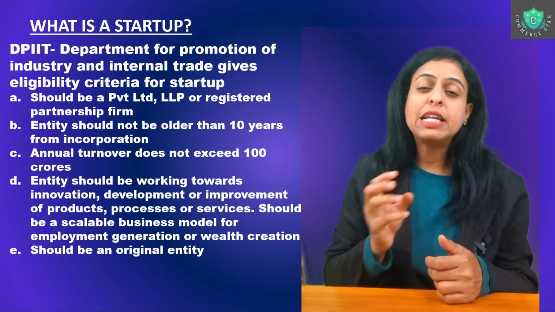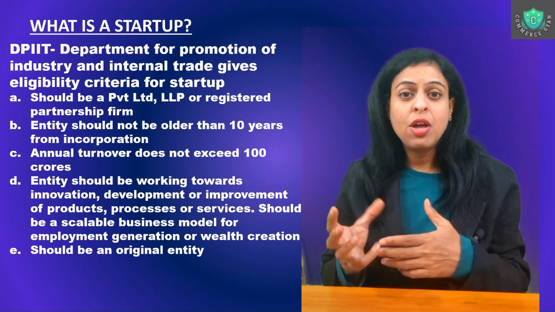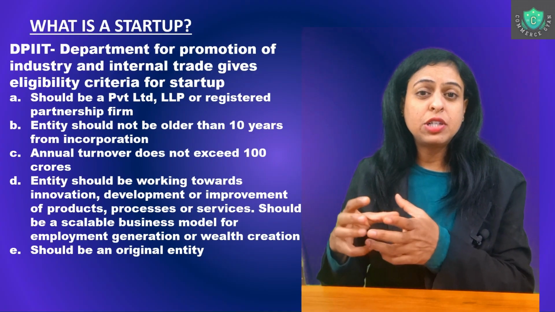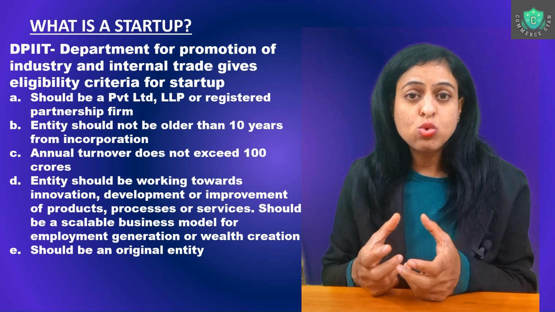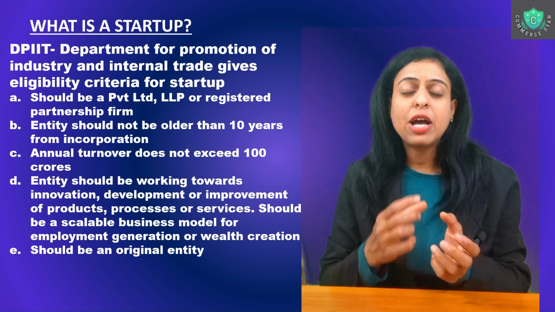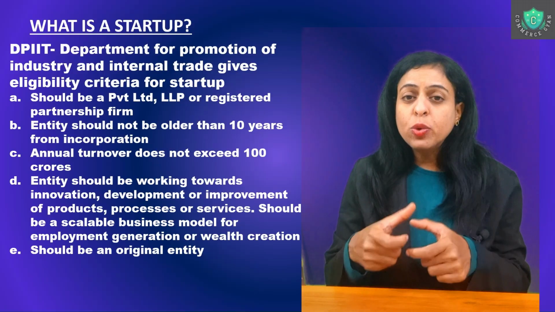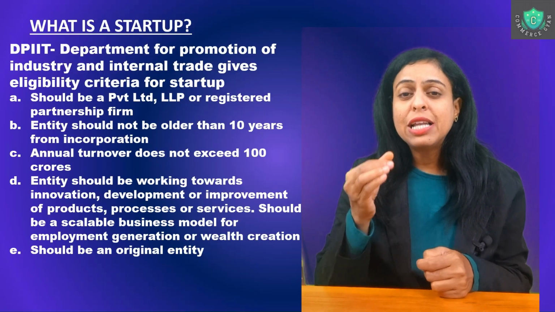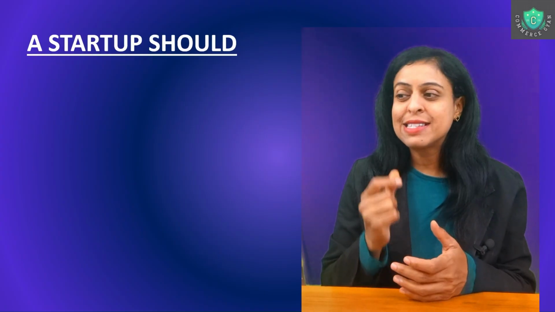So if you already are running a business that is 20 years old and you split that business and say, okay, now the new business activity, which is now a split company, will be the startup, no, it's not allowed. It should not be formed by splitting, merging, or acquisition type of activity. The new entity should be an original entity, not formed by such splits of an old business. So great. If you wish to start with such a business and want to register it as a startup, what should a startup do?